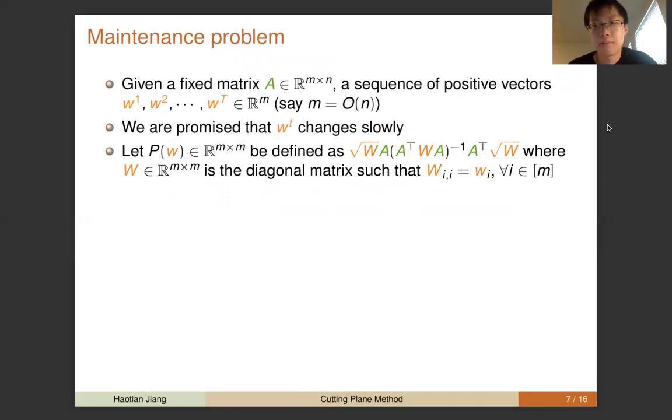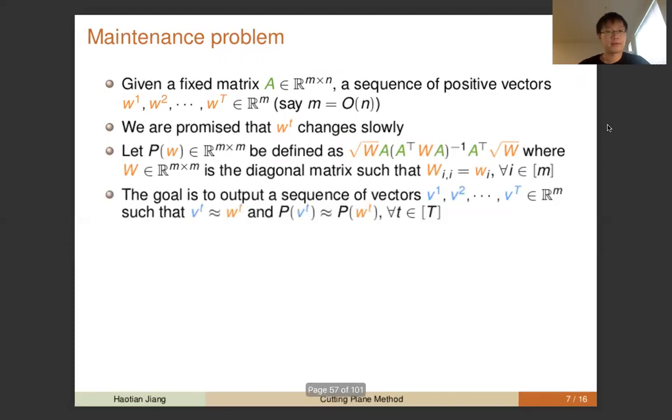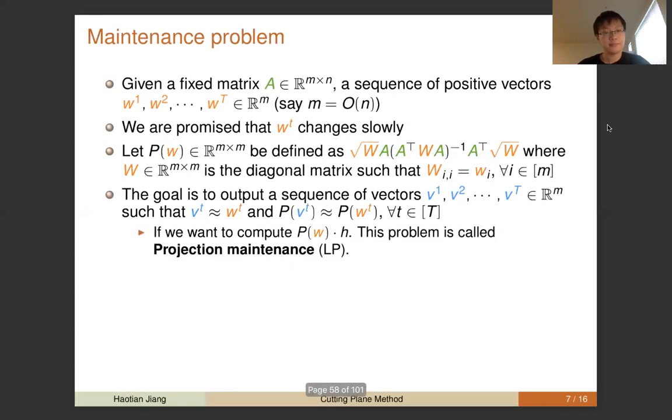Recall P_W, the projection matrix, is defined as follows. And here capital W is the diagonal matrix formed by the entries of the vector little w. The goal is to output a sequence of vectors v_1 to v_T such that v_t approximates w_t coordinate-wise, and the projection matrix at v_t is also an approximation to the projection matrix at w_t.